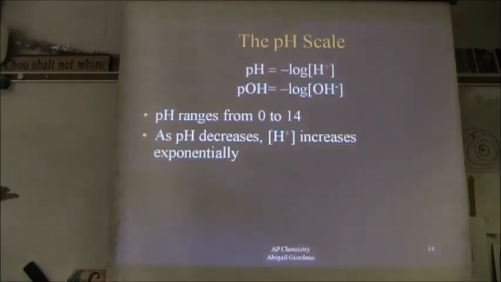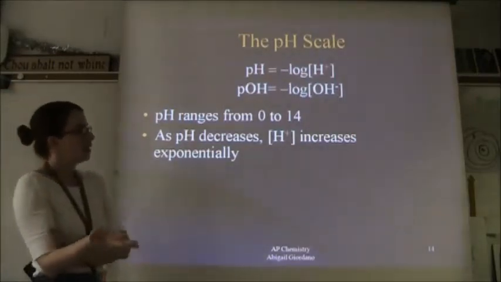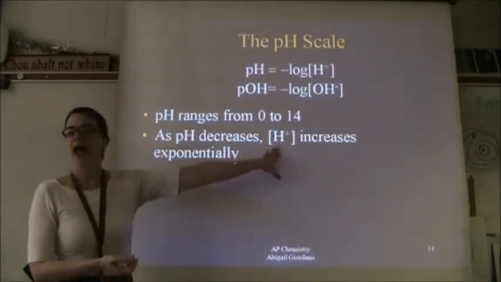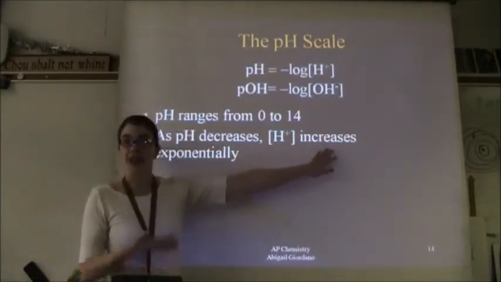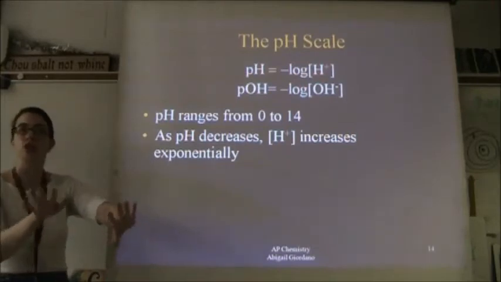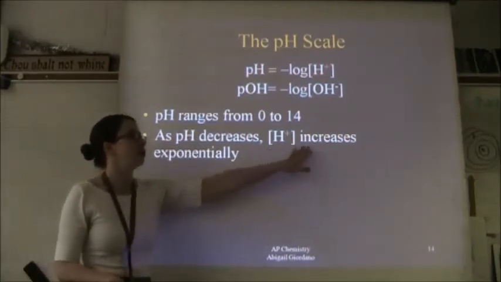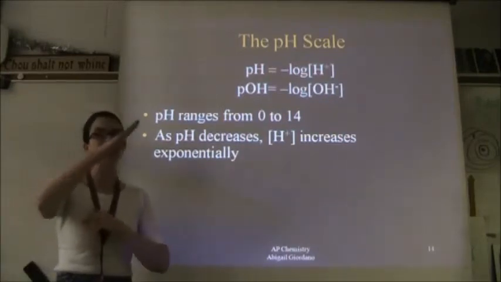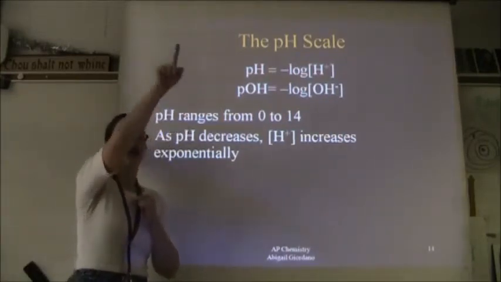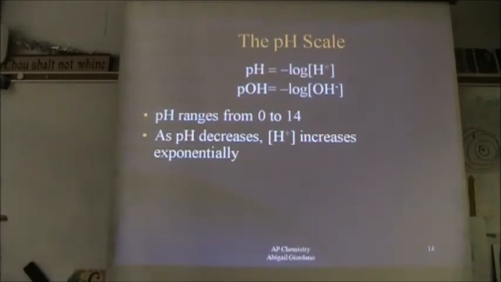Well, if something's becoming more acidic, then my hydrogen ion molarity must be increasing. I just want to make sure that you understand that as pH decreases, this molarity is increasing, not linearly, but exponentially, because that's how logarithms work.